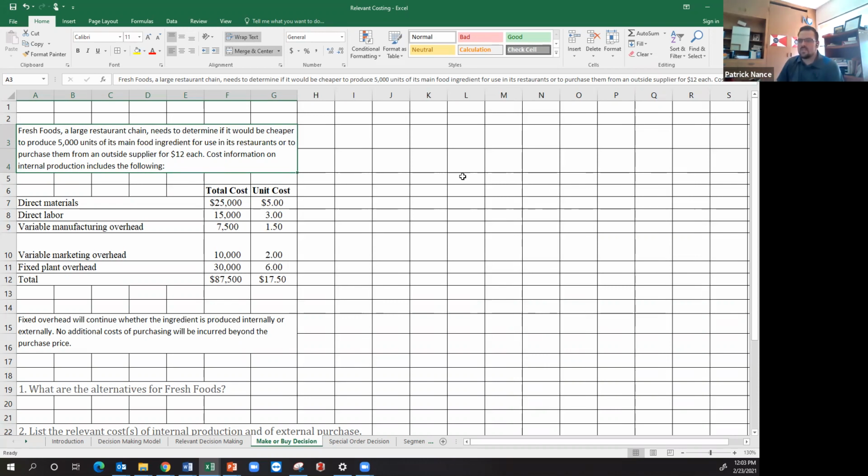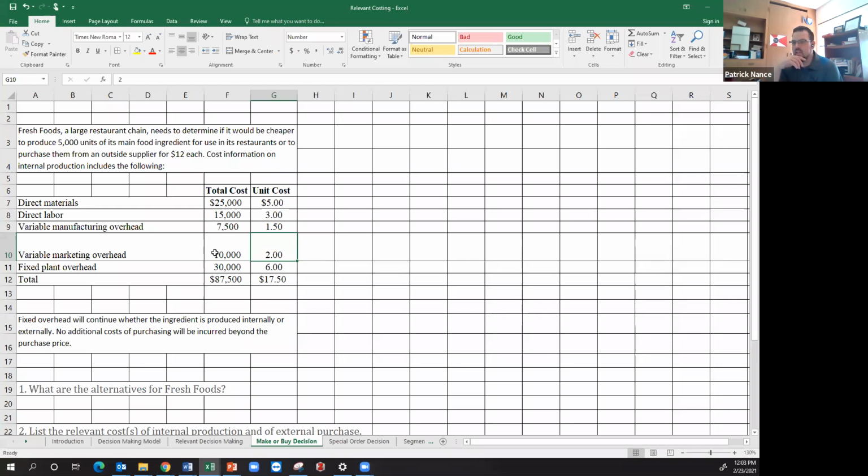The direct labor cost is $15,000, which is $3 per unit. The variable manufacturing overhead is $7,500, which is $1.50 per unit. Variable marketing overhead is $10,000 or $2 per unit. The fixed plant overhead is $30,000, which is $6 per unit.